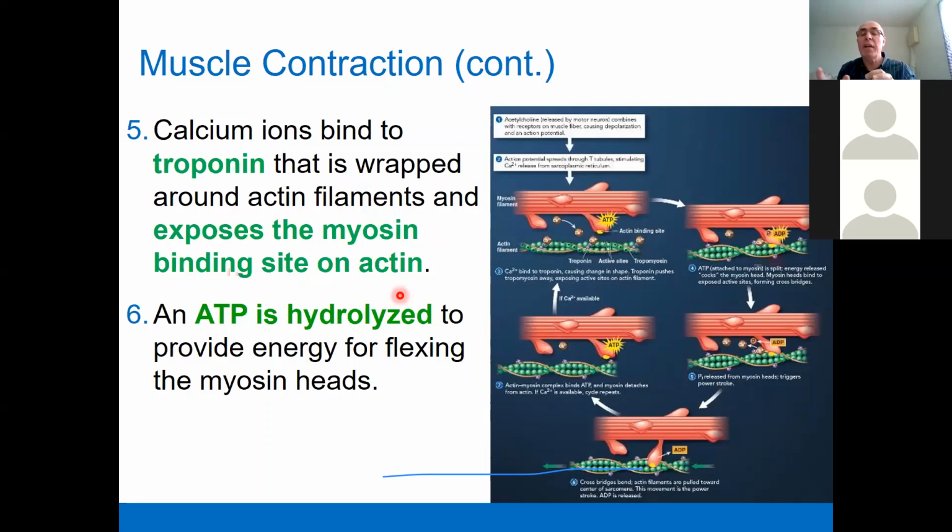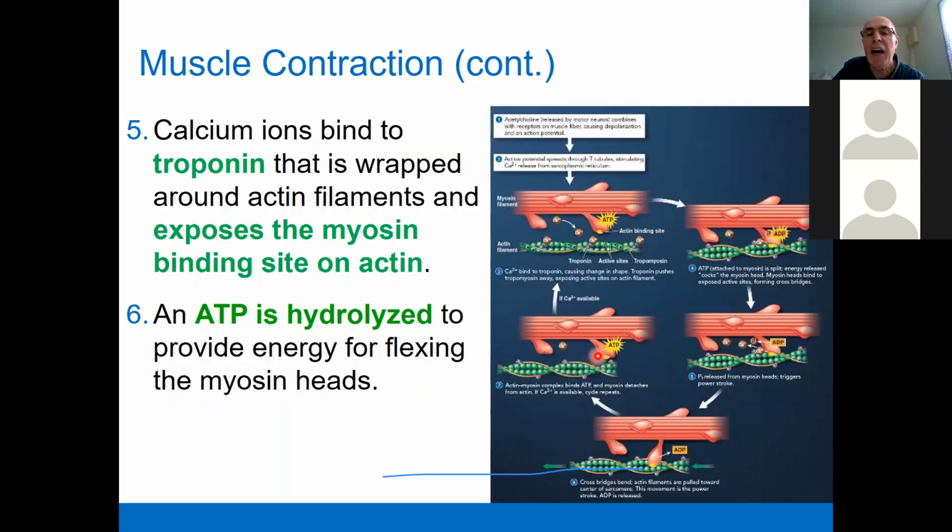Once calcium binds to troponin and removes it from the actin, the myosin binding site is exposed. We also need ATP as the energy source.